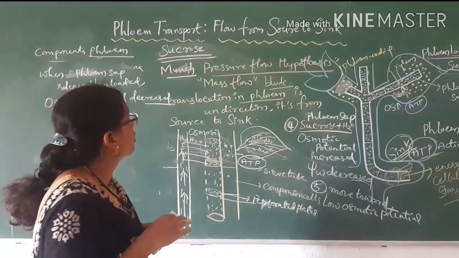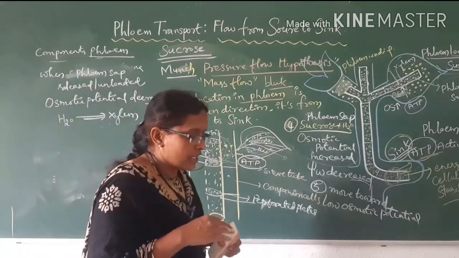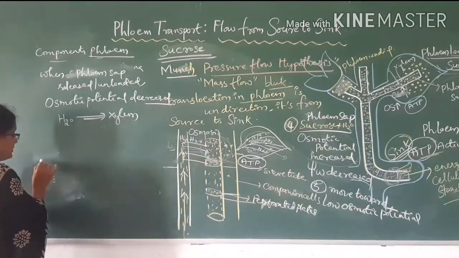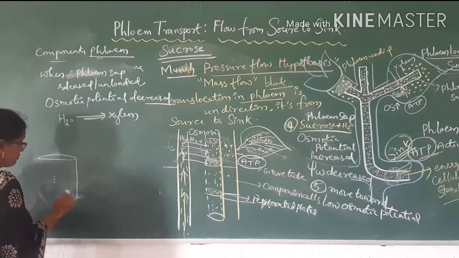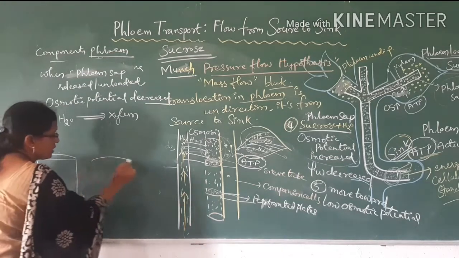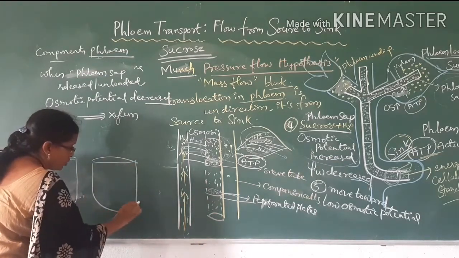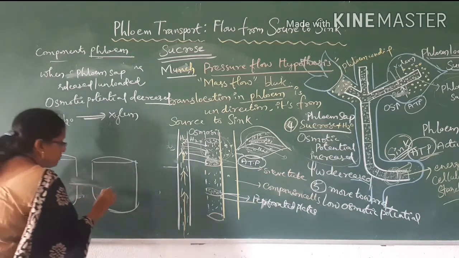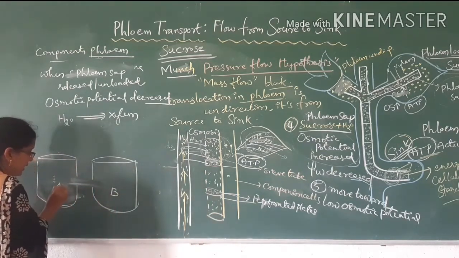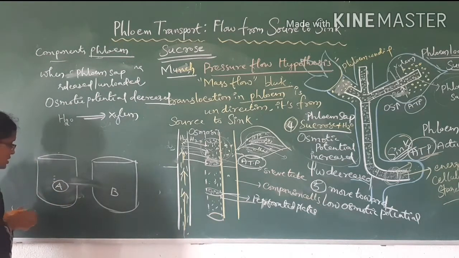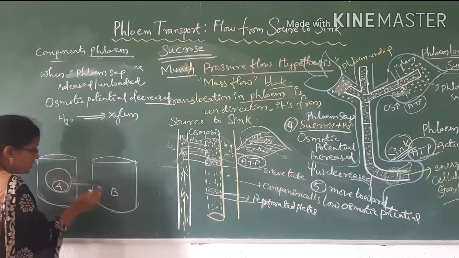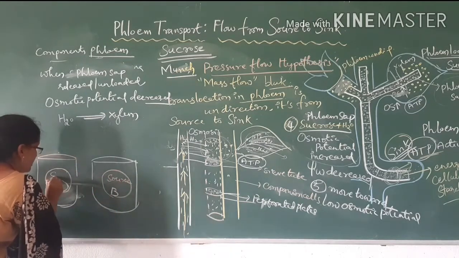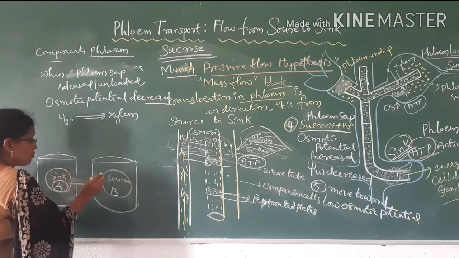So this is about phloem transportation. Again, there is a simple diagram given in the textbook. With this diagram you can understand how the materials are transported. Here is the source and the sink.